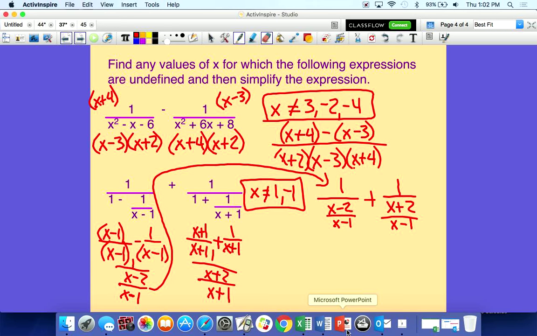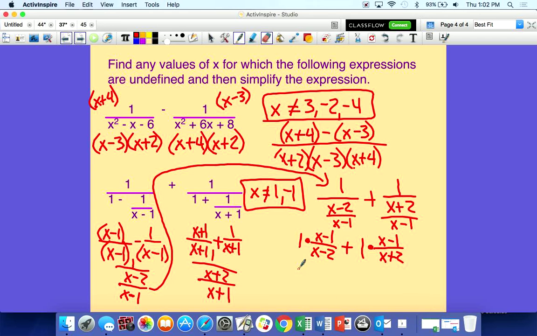Now, if you look at this as a 1 divided by this fraction, can you divide fractions? No, but you can multiply by the reciprocal. So we are going to take 1 times x minus 1 over x minus 2. Same thing over here. 1 times x plus 1 over x plus 2.